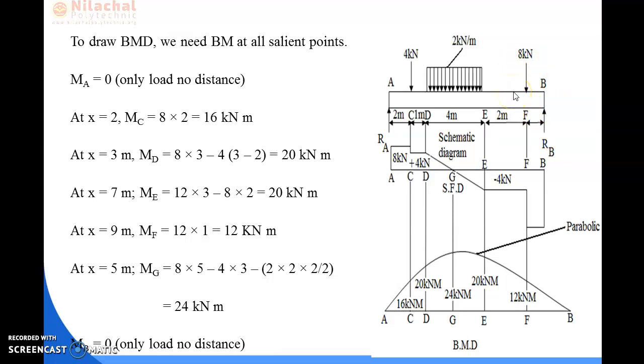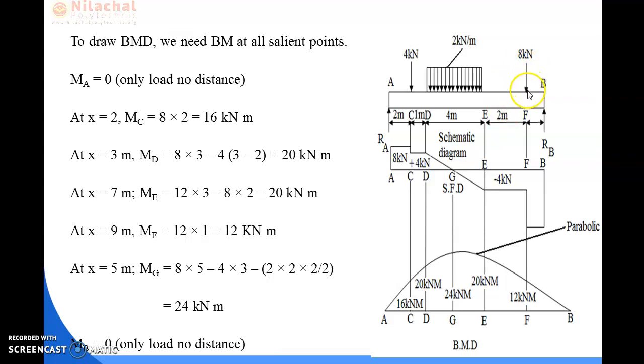The total number of loads is 2. For the reaction RB, the moment will be load into distance up to E. The distance up to E is 2 plus 1, that is 3 meter. So the total moment for this reaction will be RB into 3. Okay. So RB value is 12 kilonewton and the distance is 3. And another loading is 8 kilonewton.